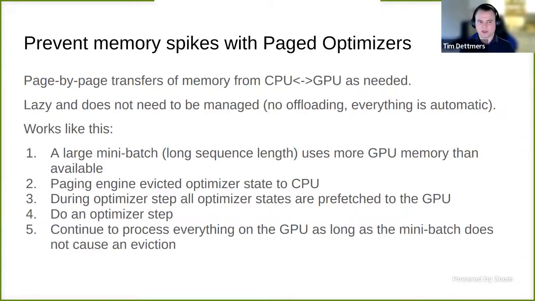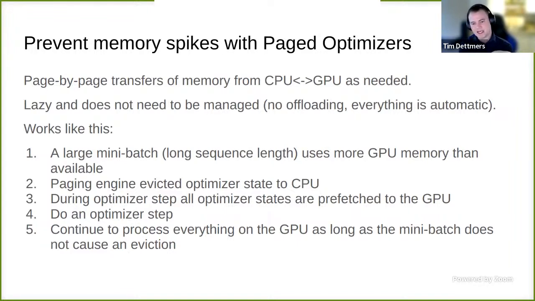How it works is similar to the paging system between the CPU memory and your disk, but now we page from the GPU. If you encounter a long document and you would run out of memory, then the system evicts some pages from the GPU and transfers them to the CPU. Then new memory is freed and can be used for what it's needed at the moment.